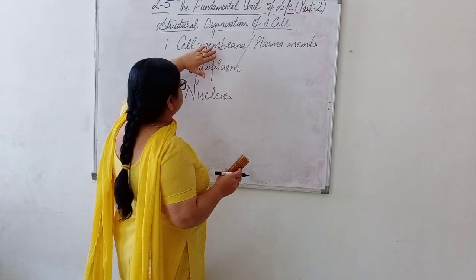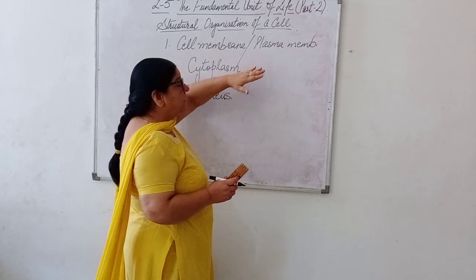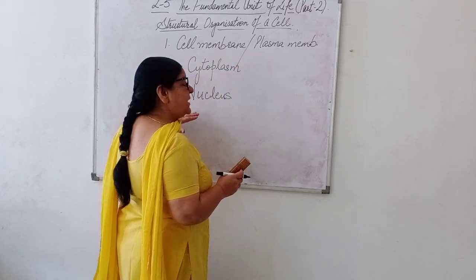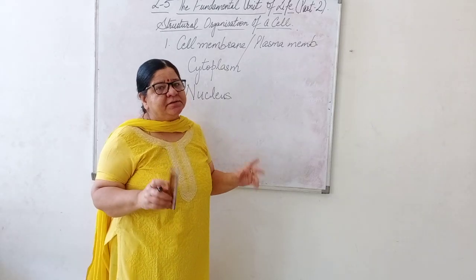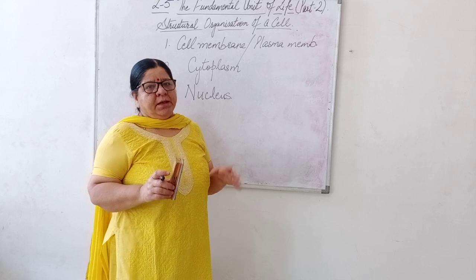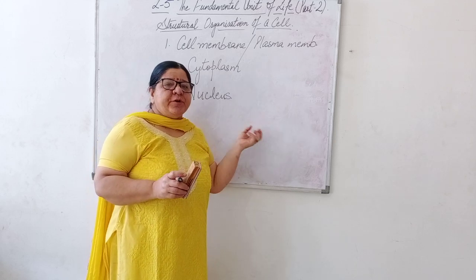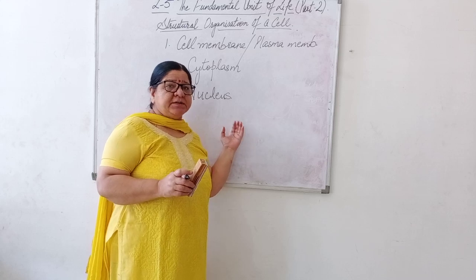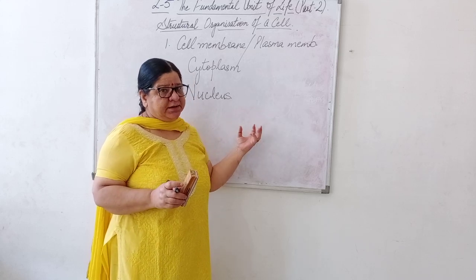So these three things, cell membrane or the plasma membrane, cytoplasm and nucleus, these are present in all the cells, whether animal cell or plant cell. Then later we will study what is the difference between the plant cell and the animal cell, what are the different things present in it.